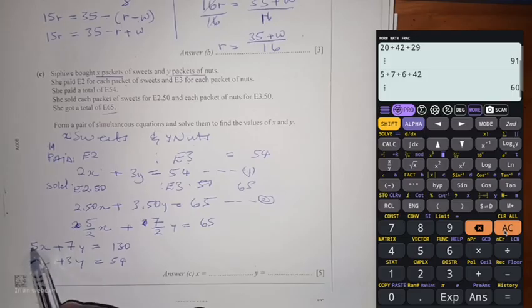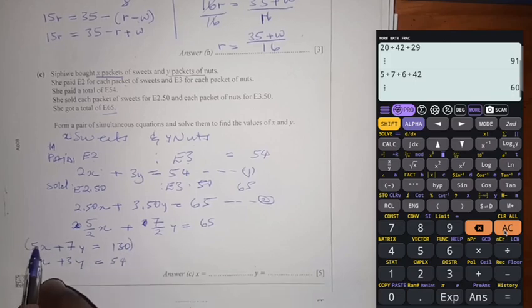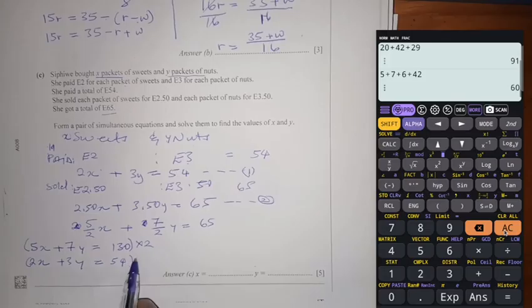It means here we need to make this one become 10x, because the LCM of 2 and 5 is 10. So to get 10x for this term, we should multiply this equation by 2. And similarly, to get 10x here, you should multiply this equation by 5.